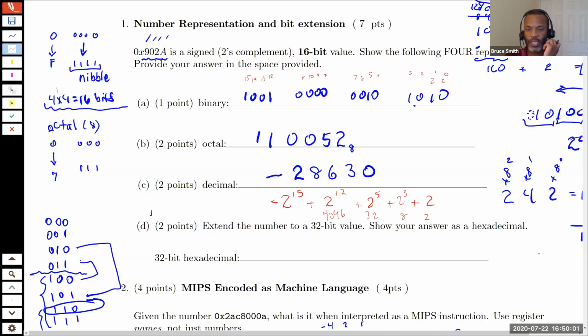The question I used to get, and get less frequently, is someone will ask, how do you take this and go directly to octal? I've tried to avoid that. I think it's more error prone and time consuming. You can do it. There are videos out there by others, and there are notes I've placed up there that will show you how to do it. It's just not worth the work.